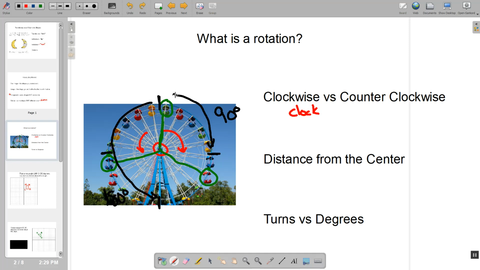But you'll notice that a clockwise and a counterclockwise rotation of 180 degrees are the same. So each individual turn we think of as a 90-degree turn in that direction. The full circle is 360. So if they ever ask you for a 360-degree rotation, you should end up back where you started.